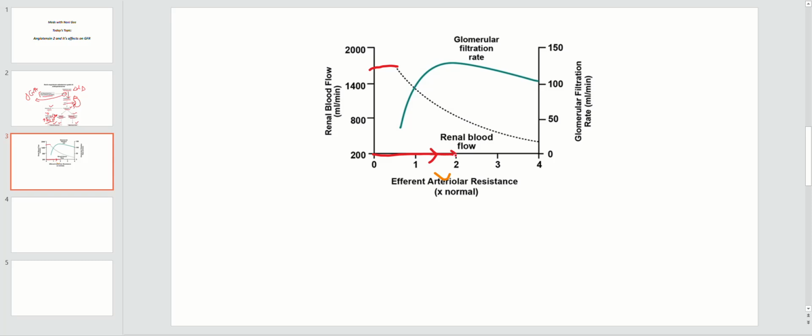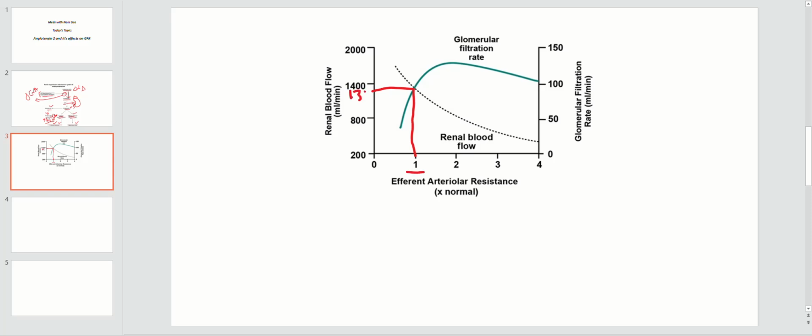When you go this way, your renal blood flow will go down as you increase the efferent arteriolar resistance. Let's say your efferent arteriolar resistance is 1, which is normal. You go straight up to here and then draw a line this way. That is roundabout 1300.